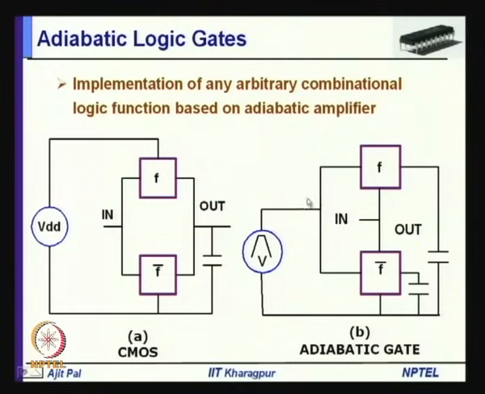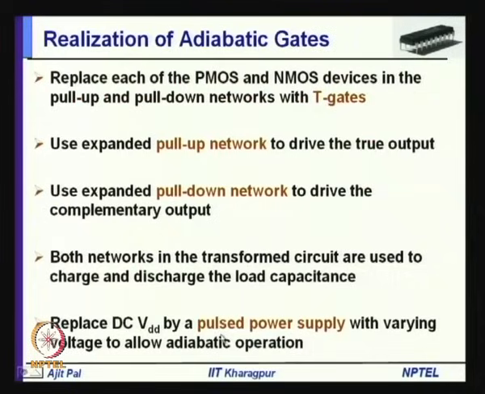To both the circuits we are applying this pulsed power supply, and we are applying the input to both of them. Then we are getting two outputs, F and F bar.